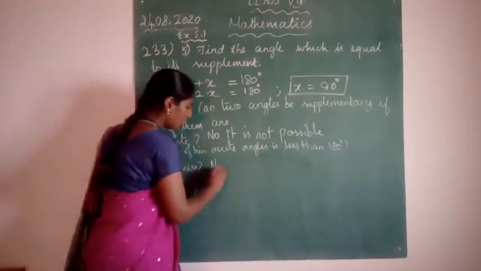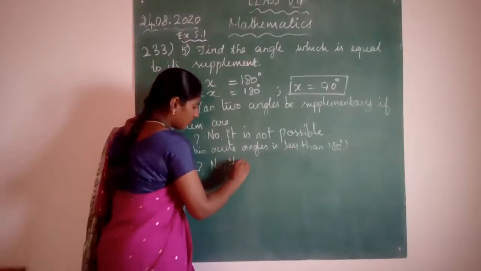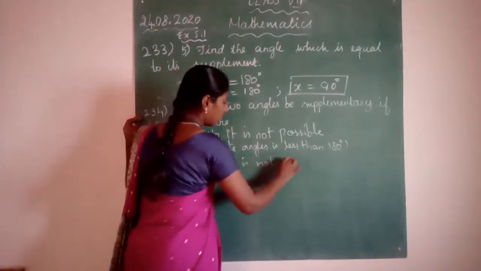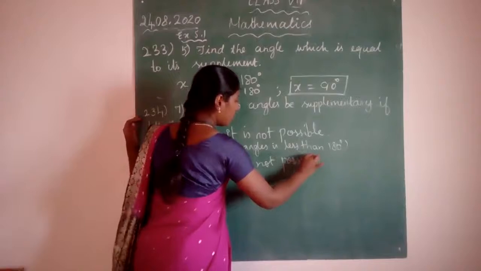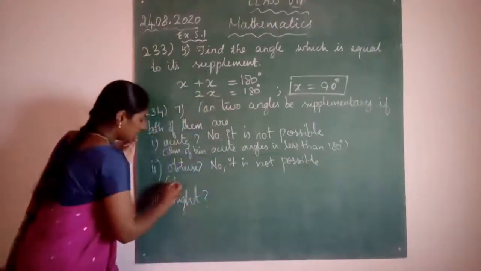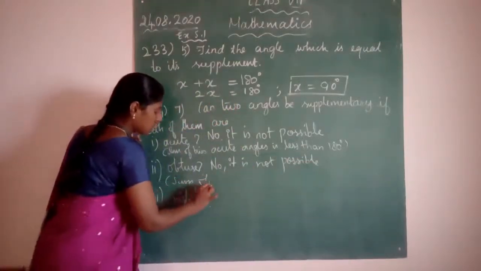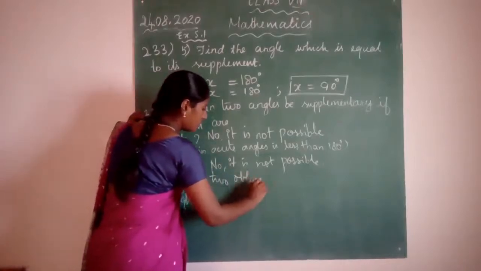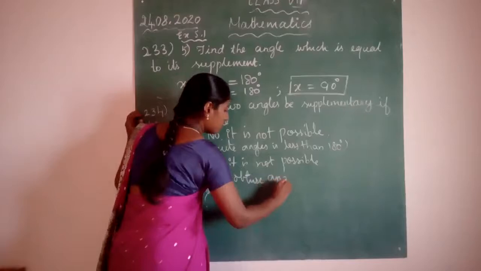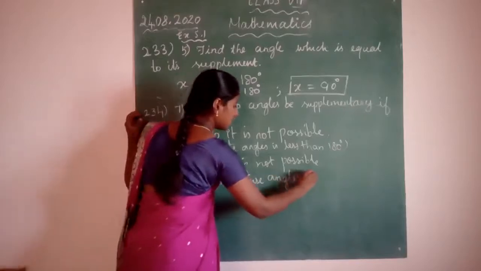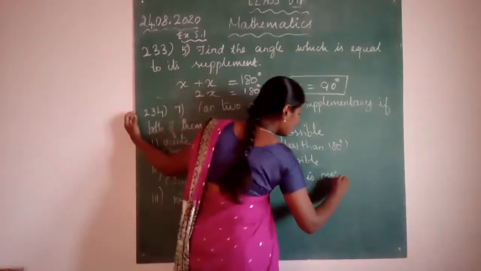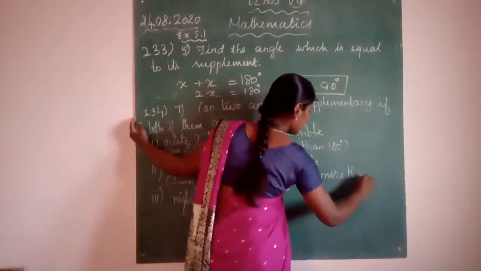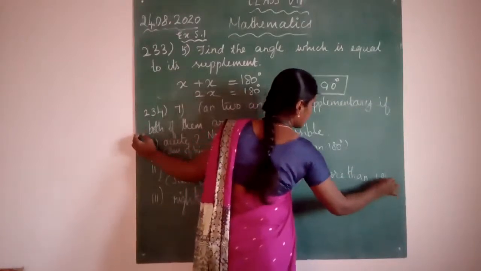Next, here also no, it is not possible. Why? Because the sum of two obtuse angles is more than 180 degrees.